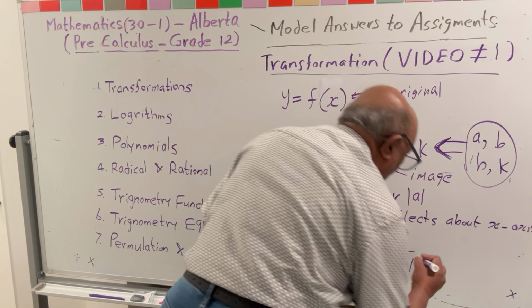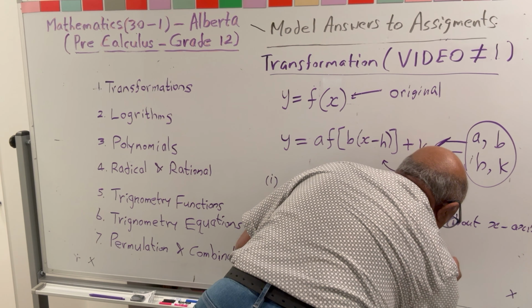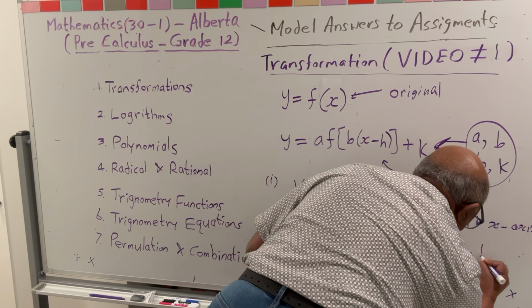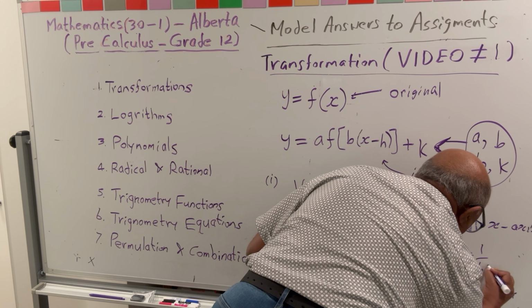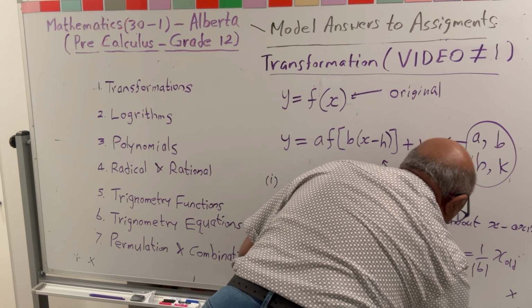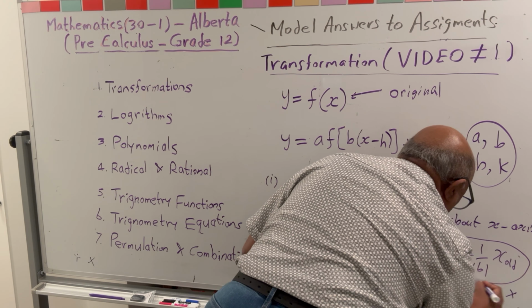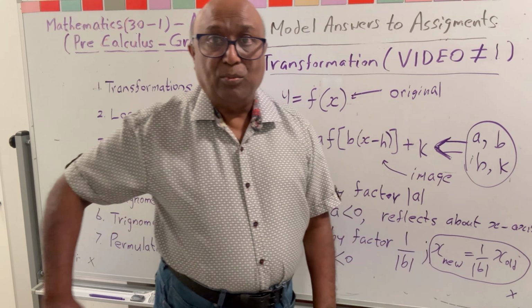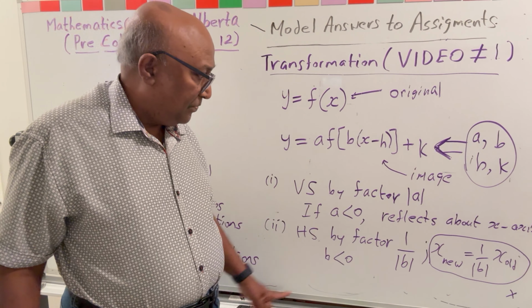What is the new x value? Its new value will become 1 upon the absolute value of B times the old x value. Just in order to avoid confusion, I mention this as a shortcut, because most of the students make a mistake here.